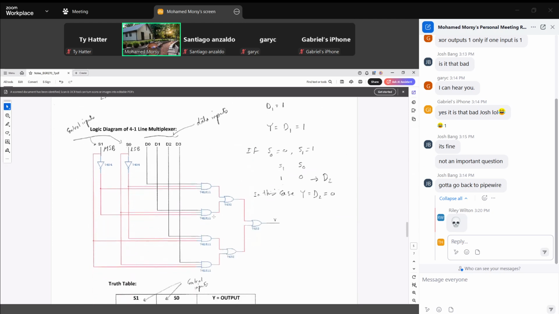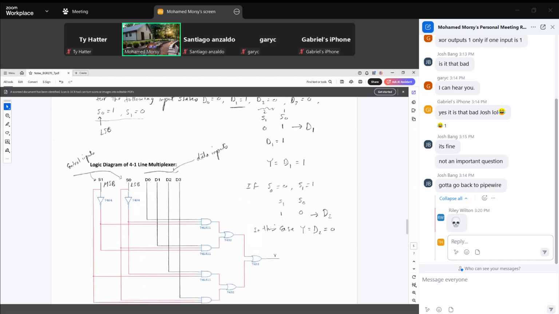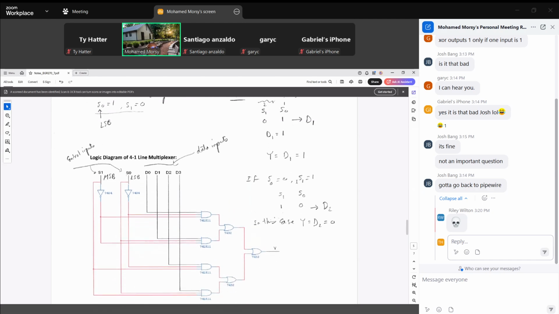So this is the only gate that has three 1s as the input, so the output will be 1. So 1 plus 0, we have 0 and 1, so we have 1 here. We have 1 here and 0 here as inputs for this OR gate, so Y will be 1. So in this case, Y will be 1.